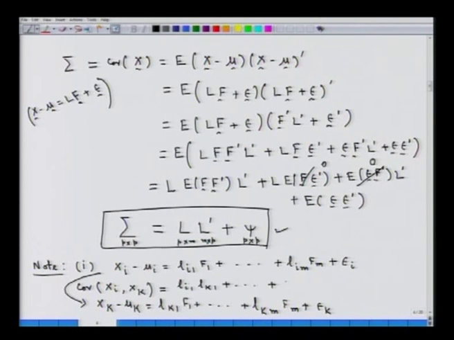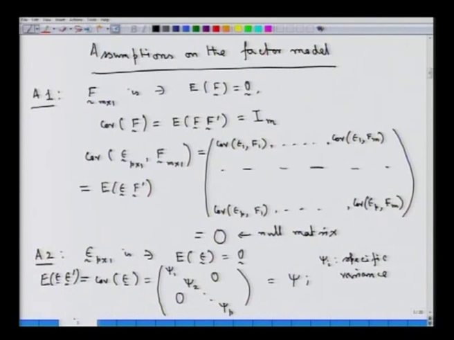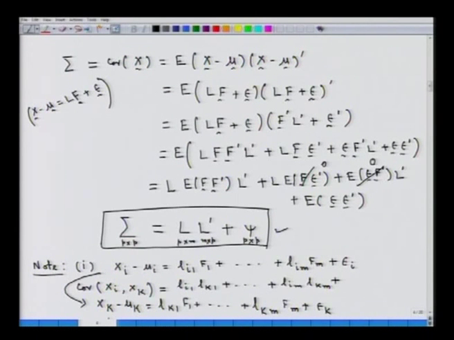The mth term in this sum is going to be Lim times Lkm. Plus, epsilon i multiplied by epsilon k, and the expectation of that, since we have assumed that epsilon has a diagonal covariance matrix, also is going to be equal to 0.